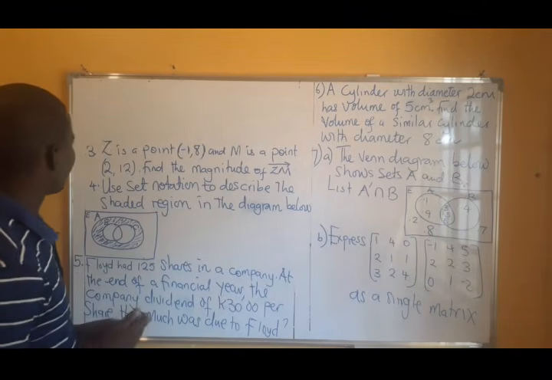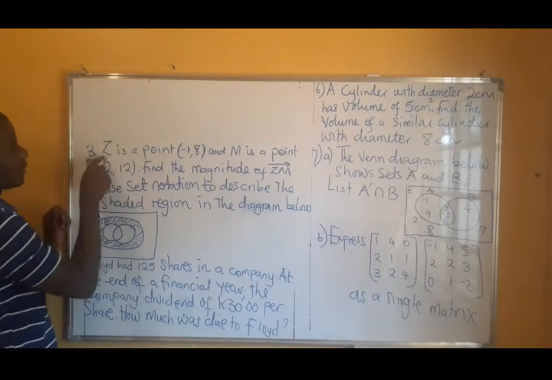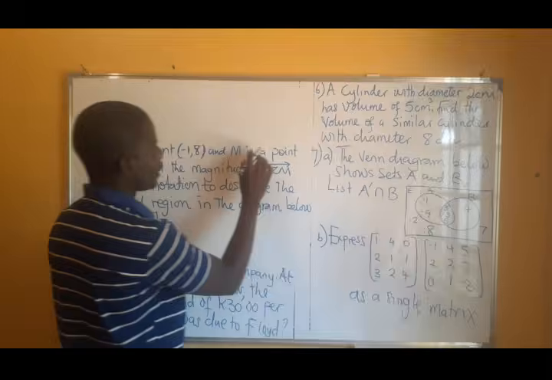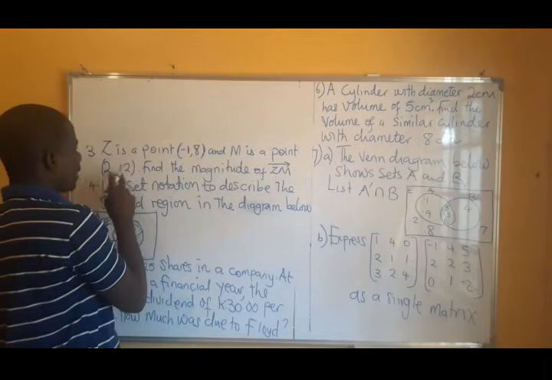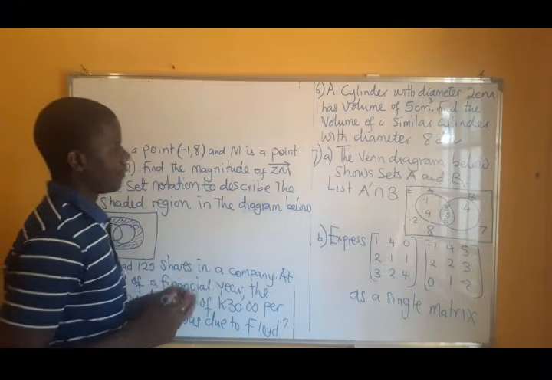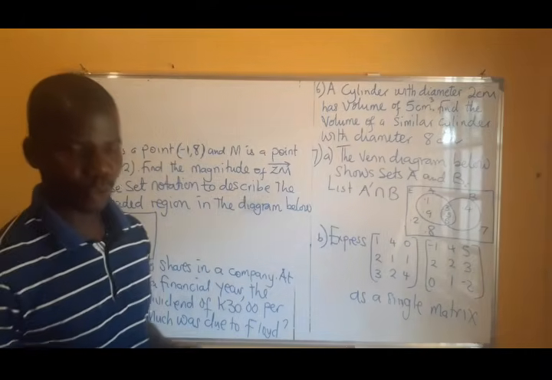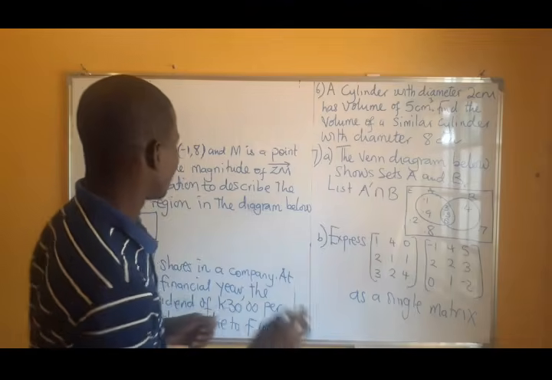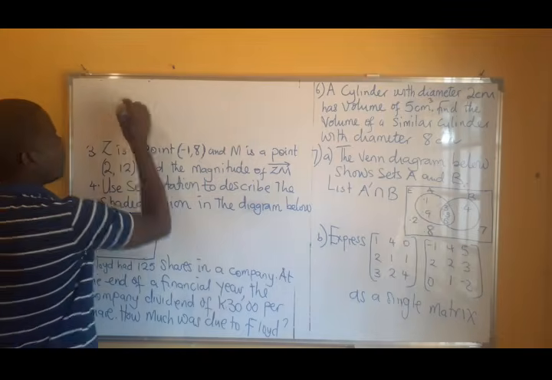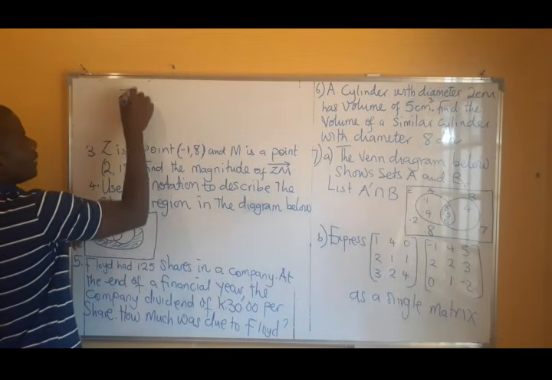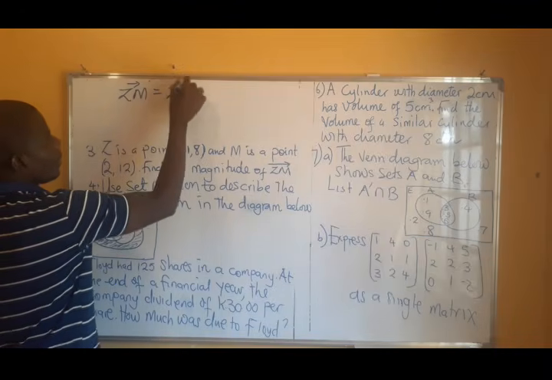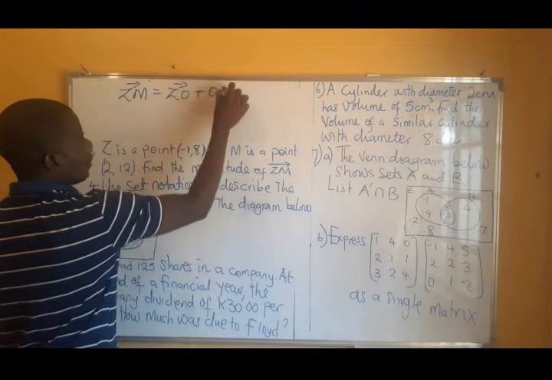So we got question 3, which reads, Z is a point (-1, 8), and M is a point (2, 12). Find the magnitude of ZM. So how do we find the magnitude? The first thing that we are supposed to do is to add these two. ZM is equal to ZO plus OM.